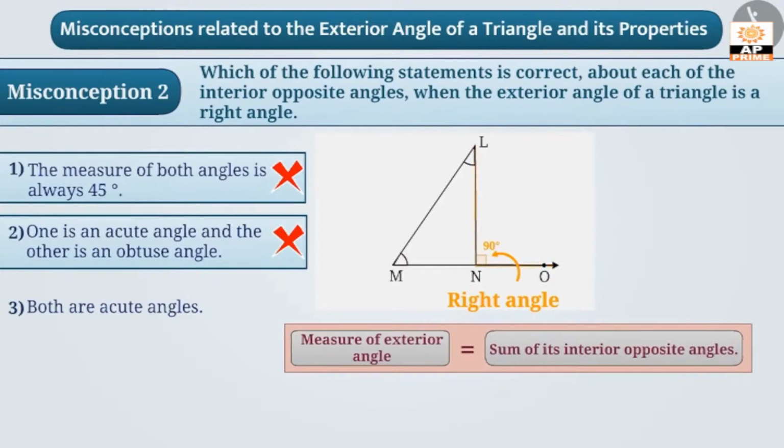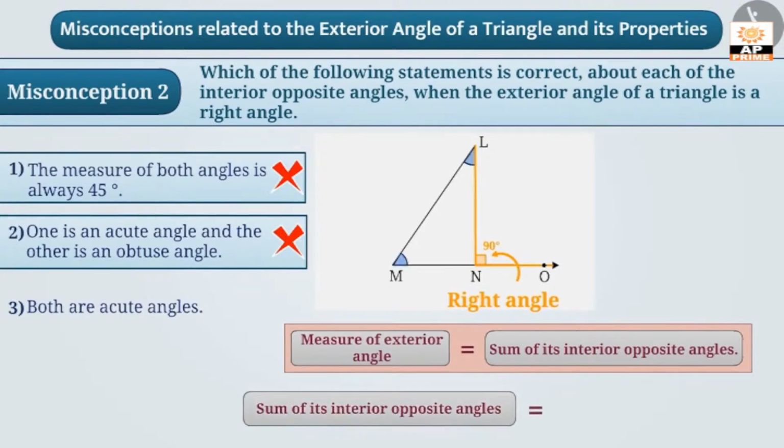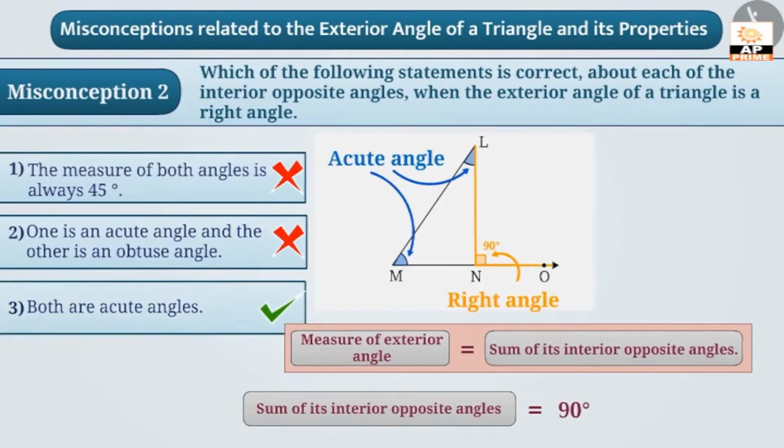Therefore, when the exterior angle is a right angle, that is an angle of 90 degrees, then the sum of its interior opposite angles should also be 90 degrees. This is possible only when the two interior opposite angles are acute angles. Therefore, the correct answer to the given question is option 3.